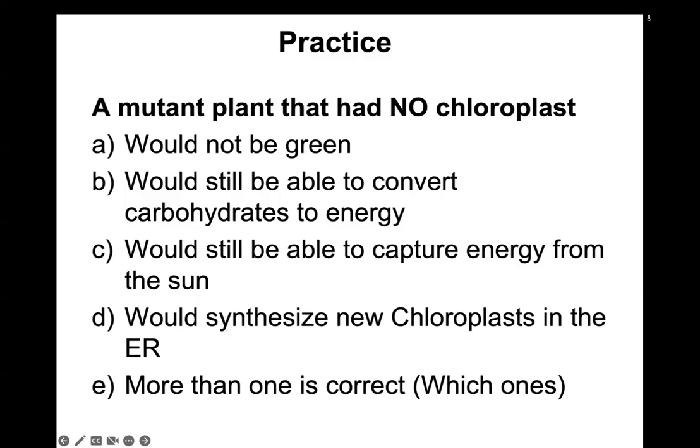And would it synthesize new chloroplasts? Or more than one of the above is correct. So let's see, what do we think here? Just take a guess. Doesn't matter if you're right or wrong. So what's the function of the chloroplasts? That's where photosynthesis mostly happens, right?